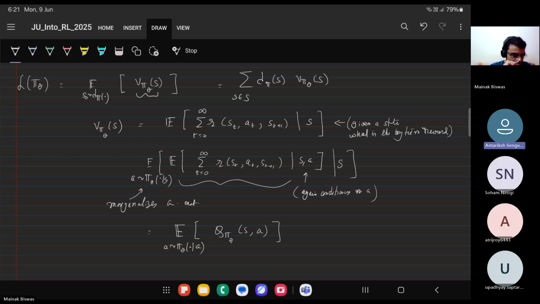But the sum over the actions would still remain, so both the sum over the states and the sum over the actions remain.